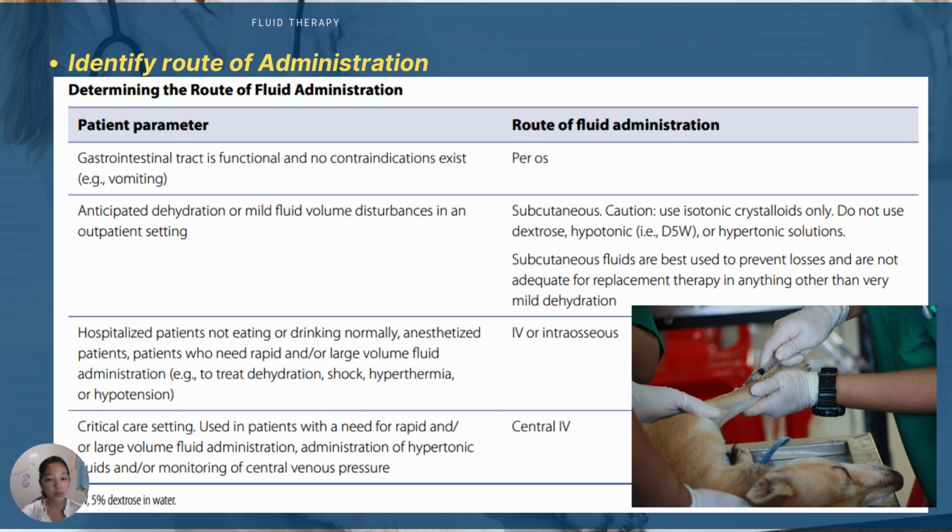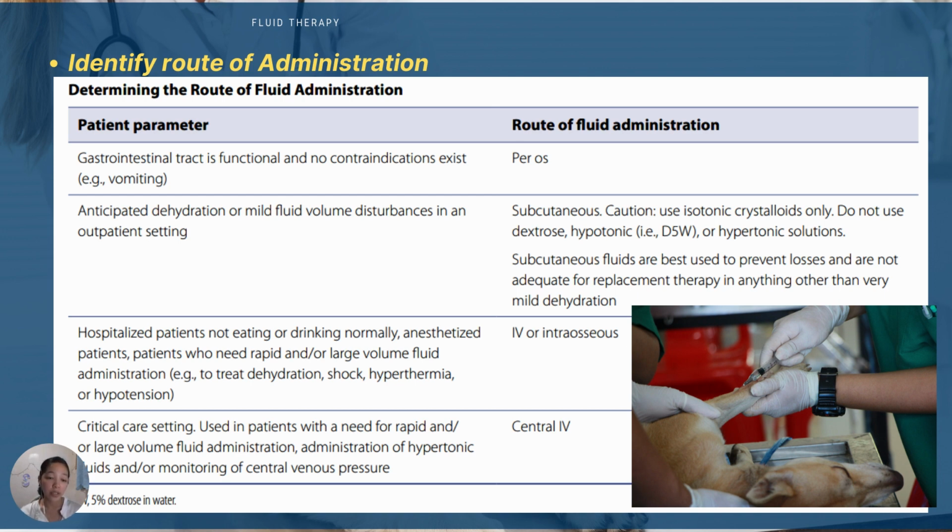Next, we use IV or intraosseous in hospitalized patients not eating or drinking normally, or those who are anesthetized, or need rapid and large volume fluid administration. Intraosseous is administered in the bone marrow and is best used for short-term administration of fluids or drugs.